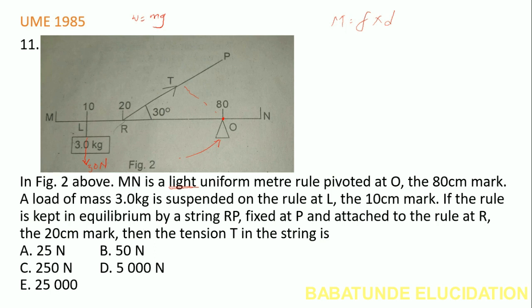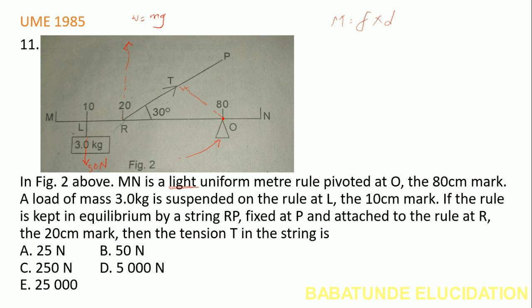So instead of saying I need to get the perpendicular distance, they just resolve this force so that the line of action is going to have a perpendicular distance to that point where you are taking moment about.